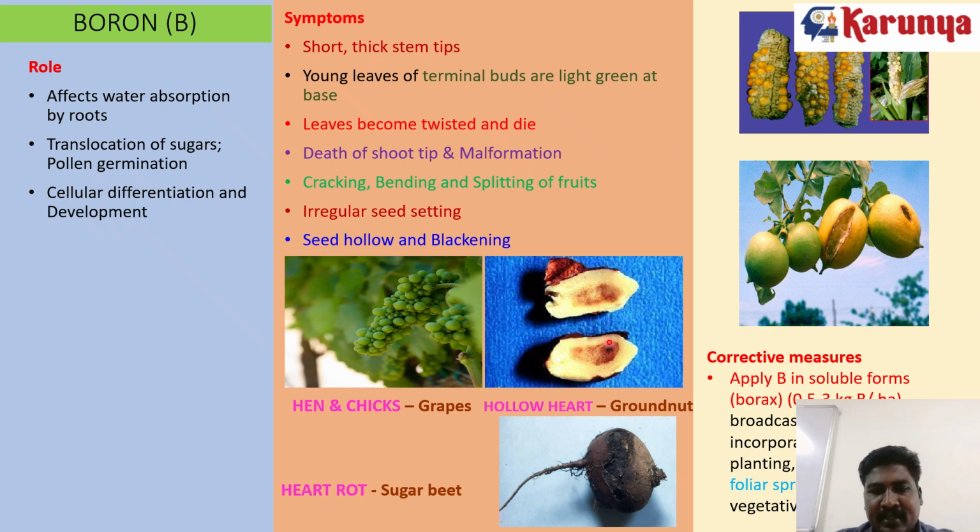And in groundnut, hollow heart is another deficiency symptom, and in sugar beet, heart rot. So for this, you can go for boron in soluble form, in the form of borax fertilizer, as well as foliar application of a boron based fertilizer.